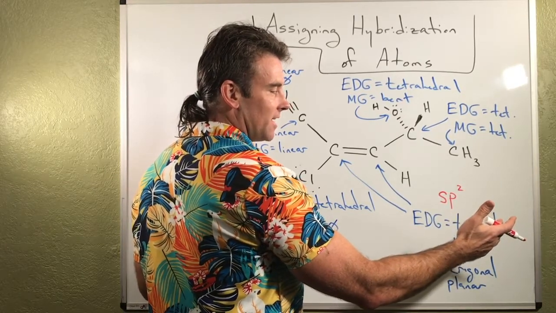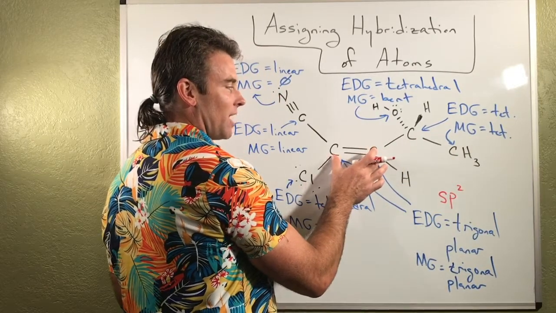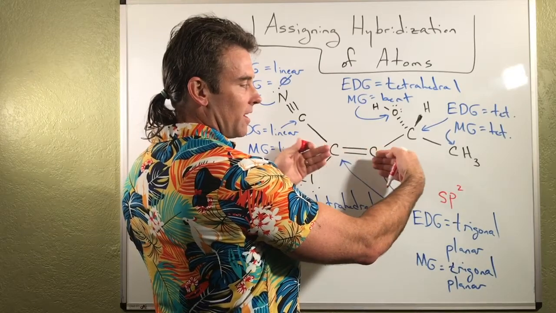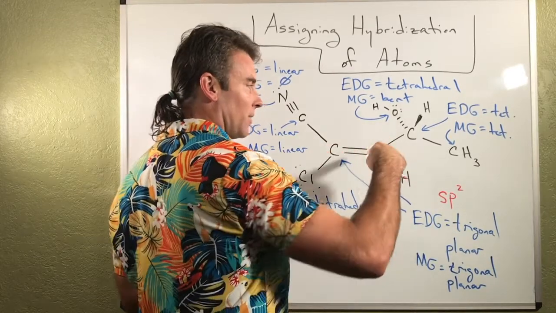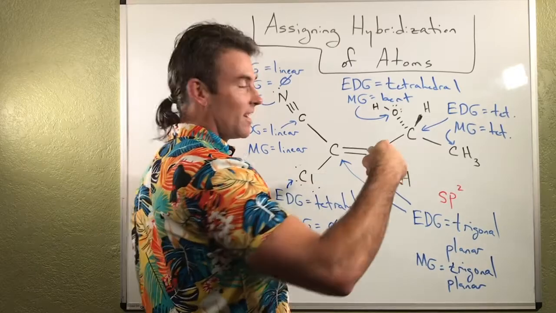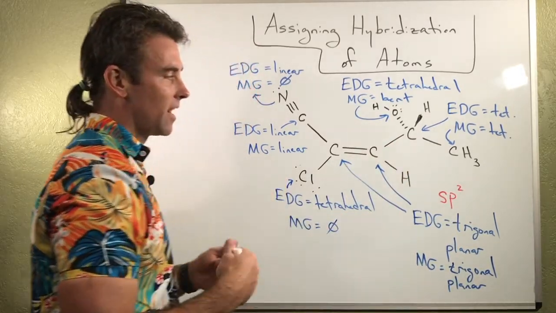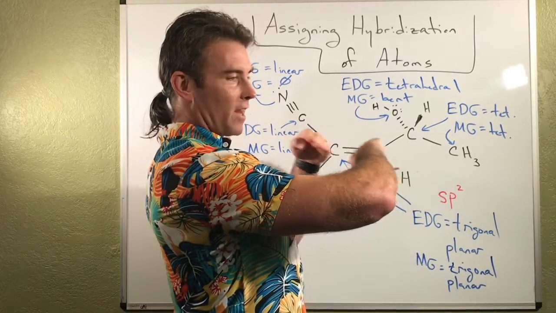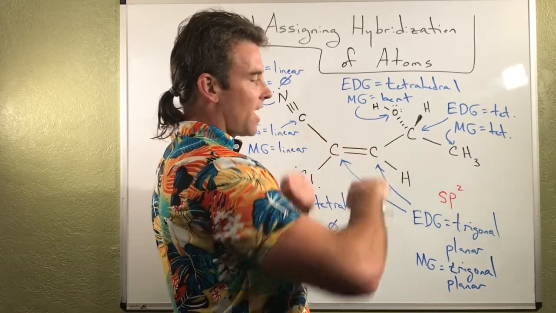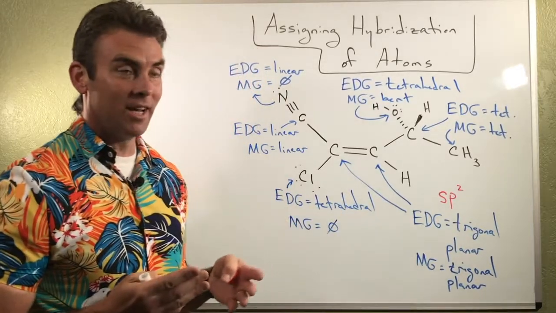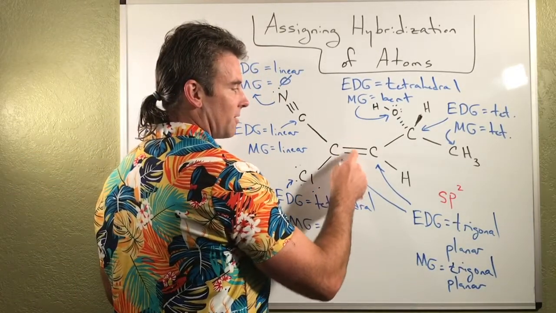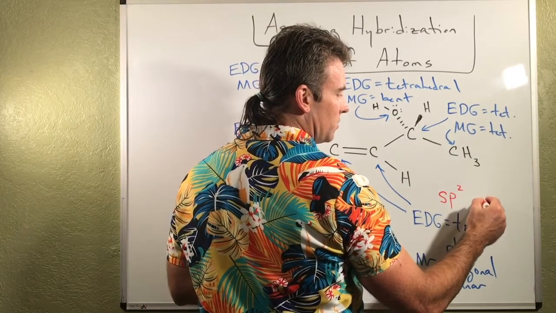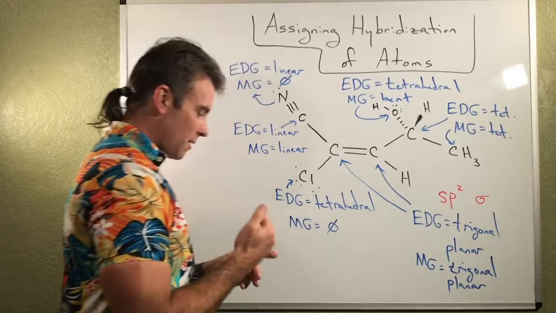So what that means is that I've got this sharing of electron density between 2 sp2 hybrid orbitals. But then, as you'll see in the video that I posted for you, there is a p orbital that does a side-on overlap, right? And so what you would say in terms of molecular orbital theory is that this bond right here is made up of the head-on overlap of 2 sp2 orbitals, what's called a sigma bond.